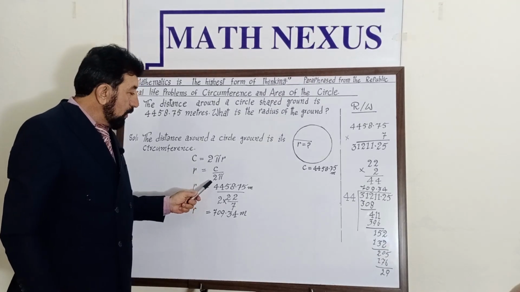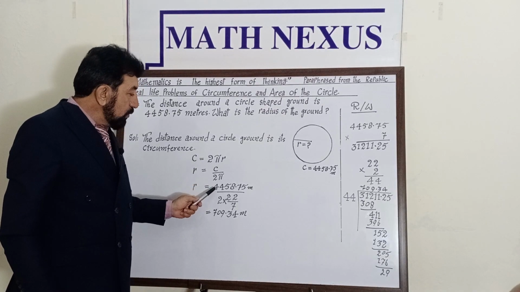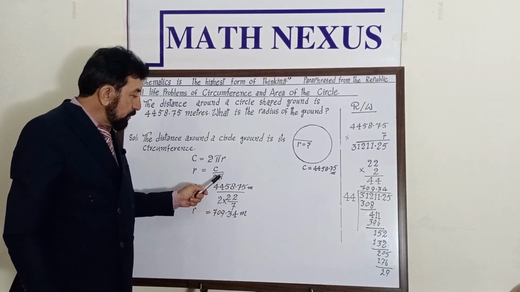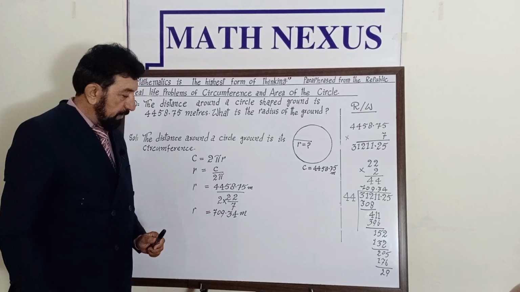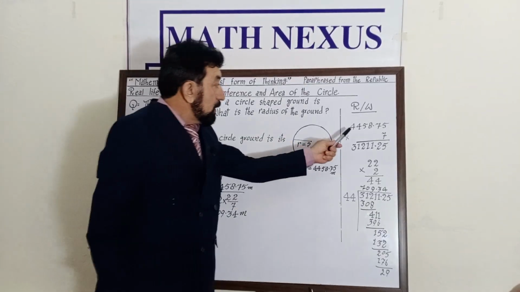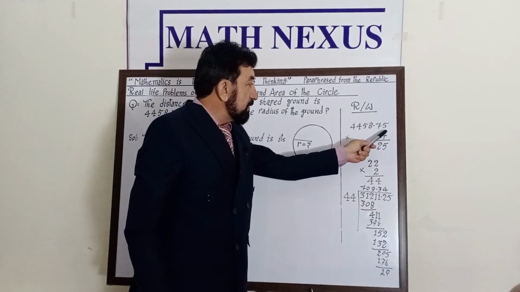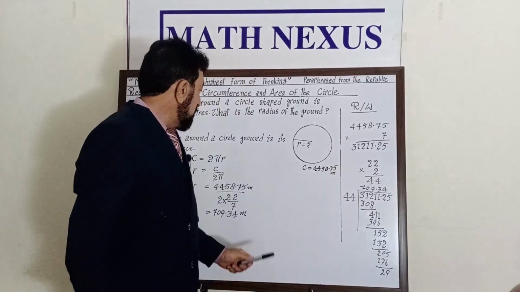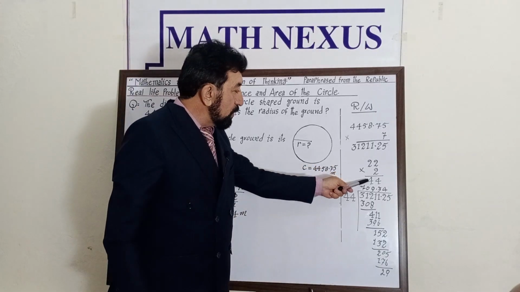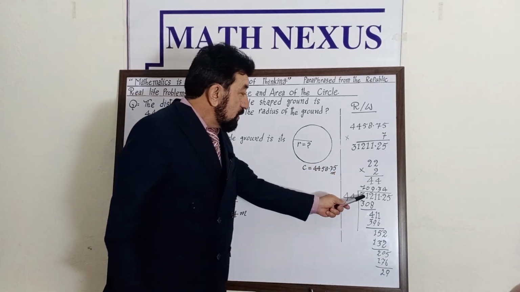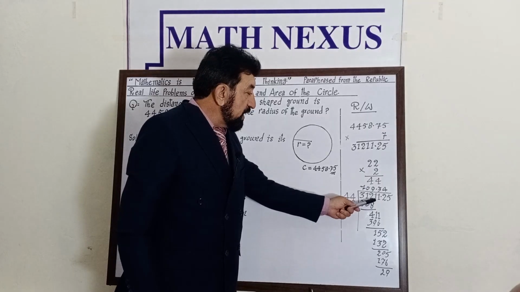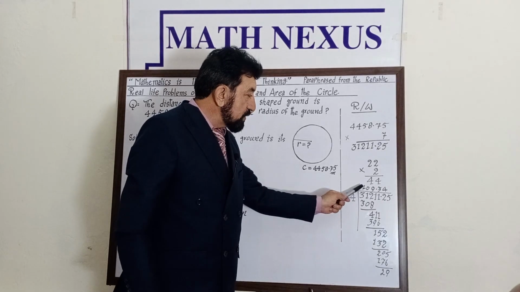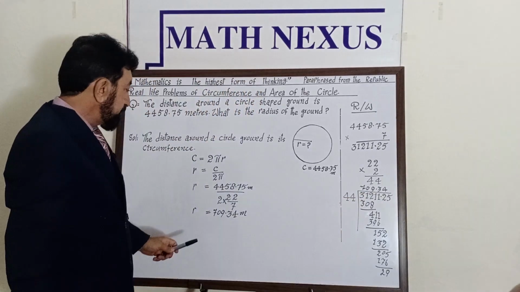Now putting the value in this formula, C value 4,458.75 meter upon 2 into 22 upon 7. 4,458.75 into 7, this is equal to 31,211.25. 2 into 22 equal to 44. 31,211.25 divided by 44, this is equal to 709.34.